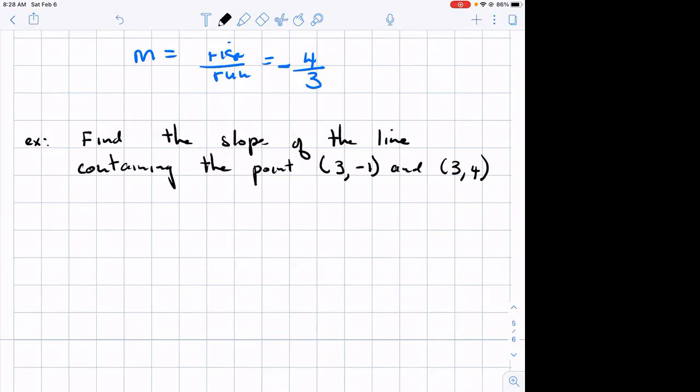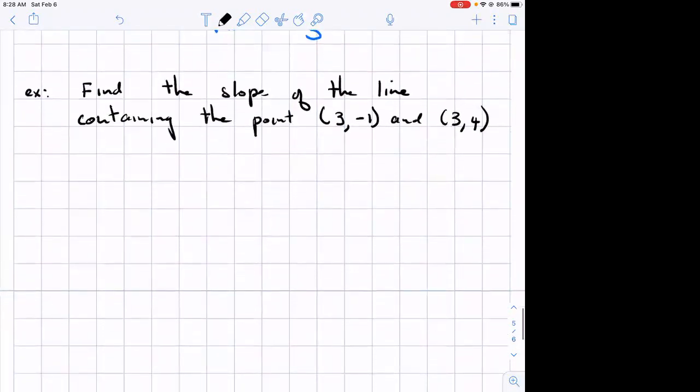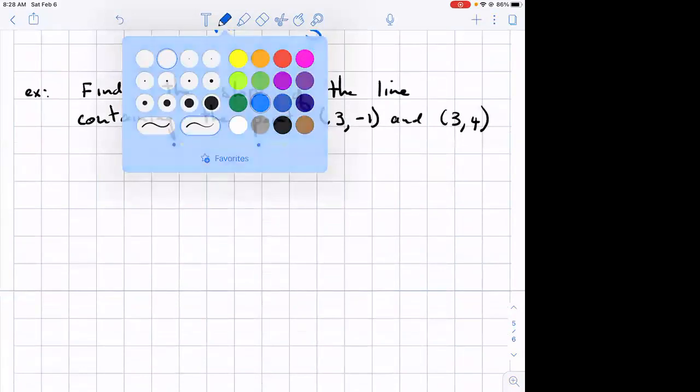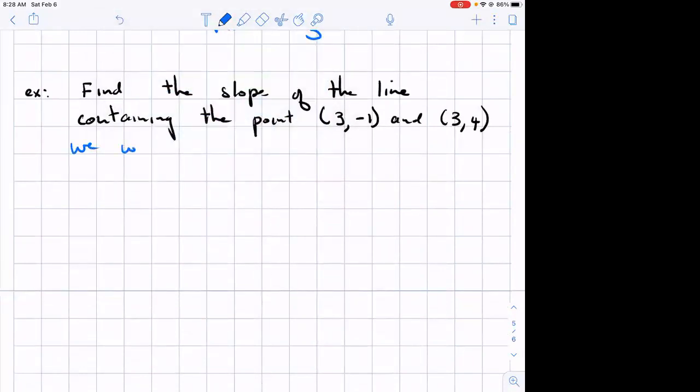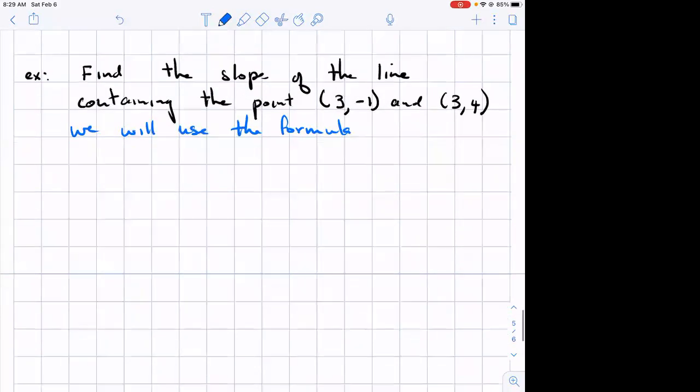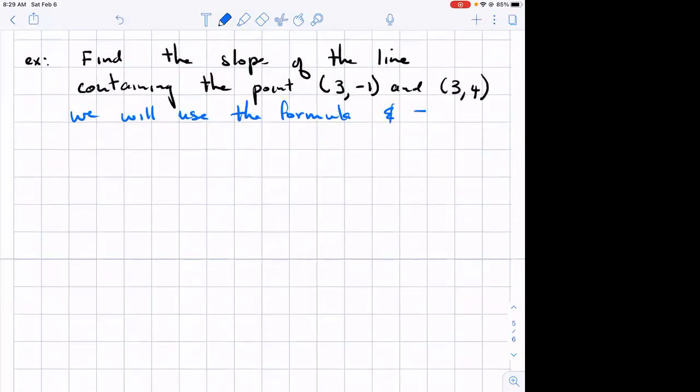So we'll first use the formula and then look at it graphically.